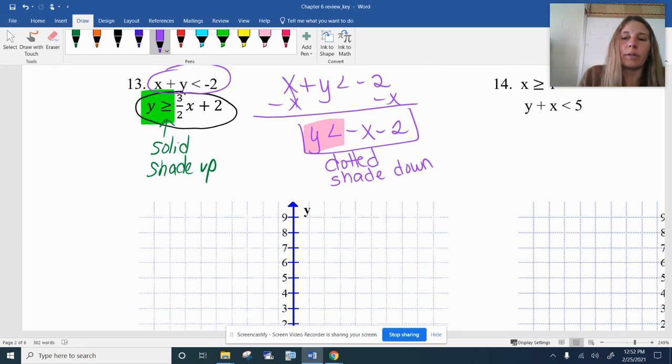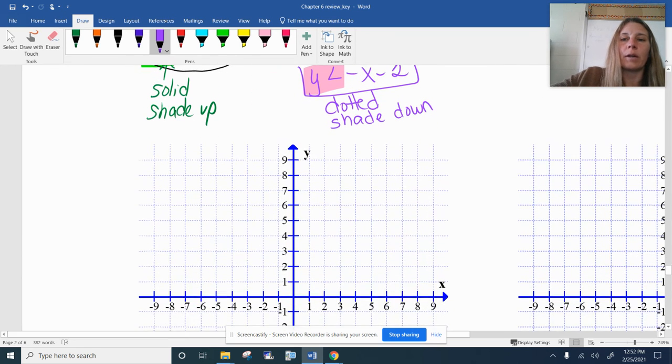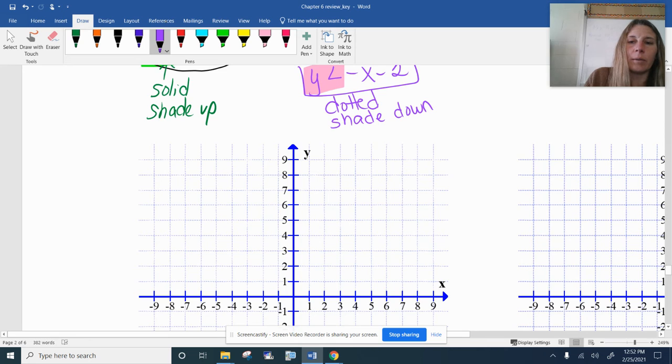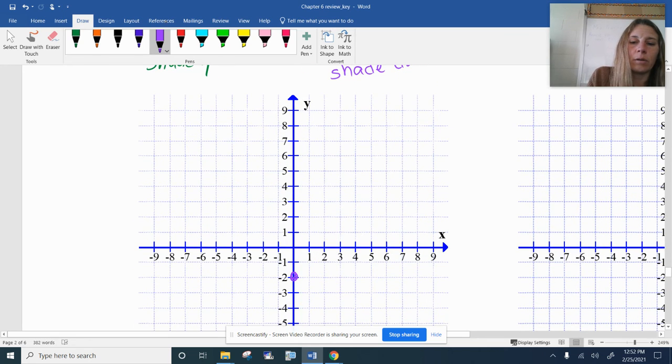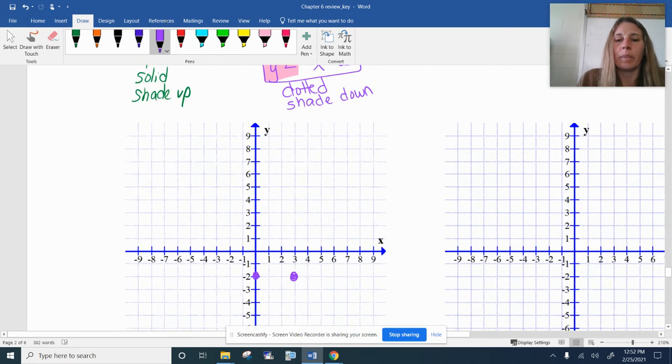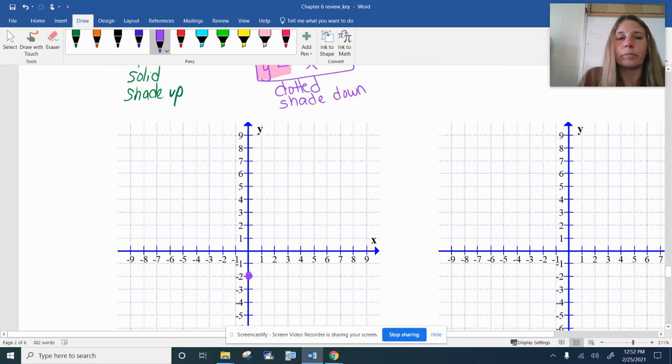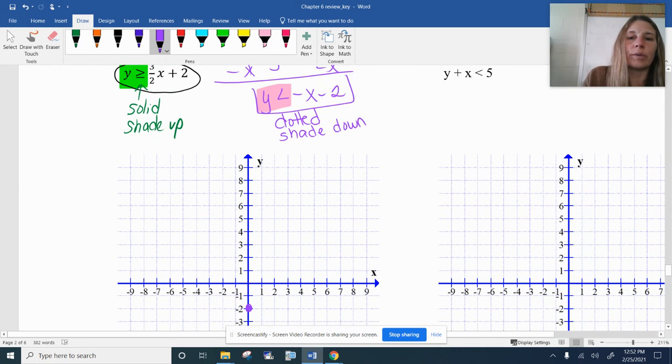All right, so let's graph this one first since I already have the purple on my hand. All right, so negative 2 is the y-intercept. And then our slope was negative 1, which means we're going to go down 1 to the right 1, or up and to the left.